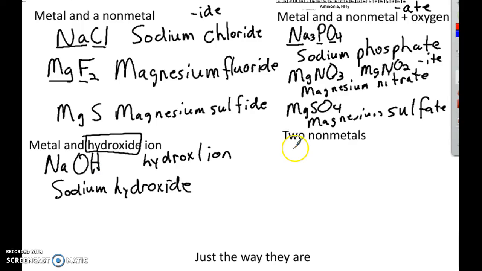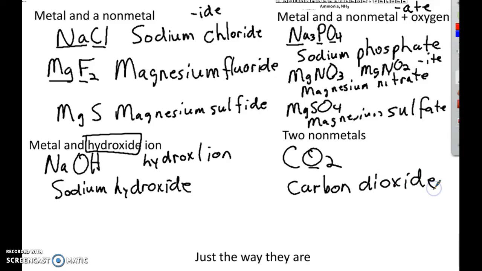And so, for example, if you have CO2, okay, it's very similar. You still write the name of the first one, carbon, but now for the second one, it would be IDE because there's two elements there. So, okay, ide, oxide, but since there's two of them, you would call it carbon dioxide. All right.